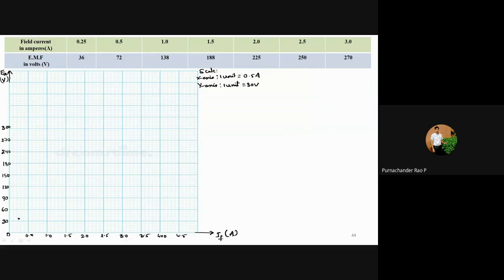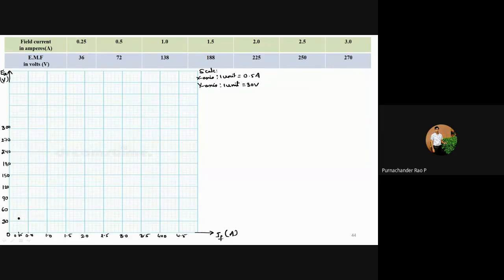This is my first point, corresponding to 0.25.